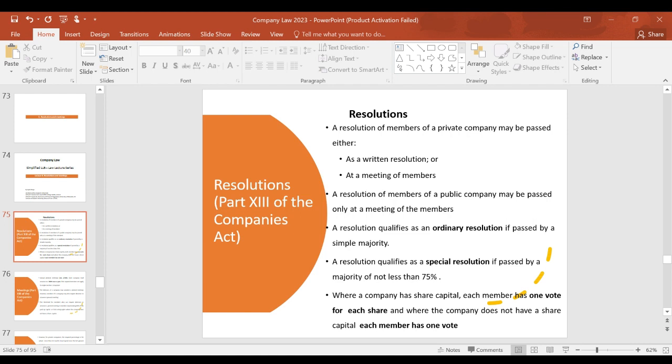But for those companies that do not have share capital, like companies limited by guarantee, each member will only have one vote. So if it's by shareholding, we'll have one vote for each paid up or subscribed share within that particular company. And if it's limited by guarantee, then each member will only have one vote.